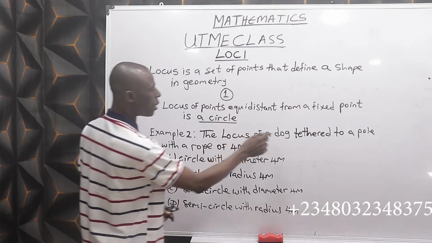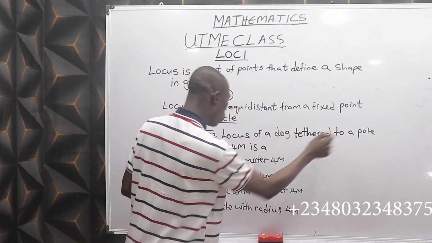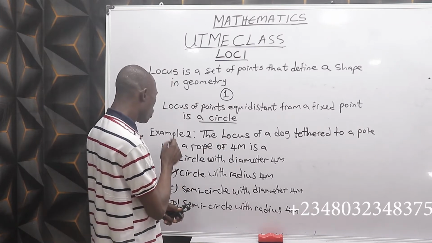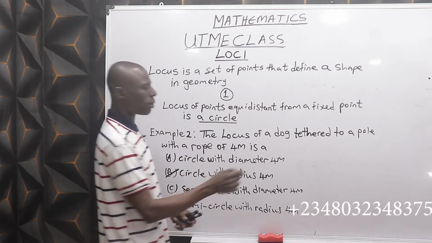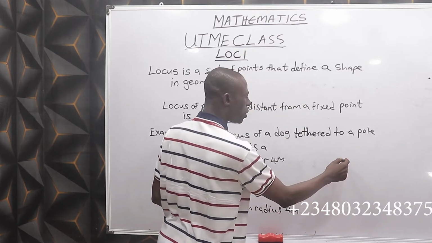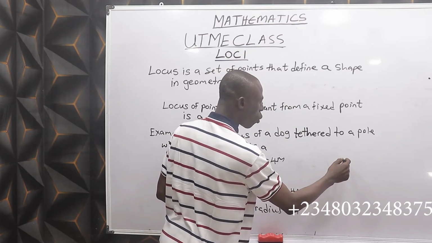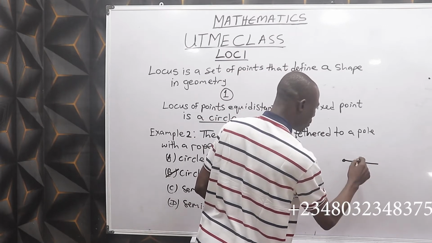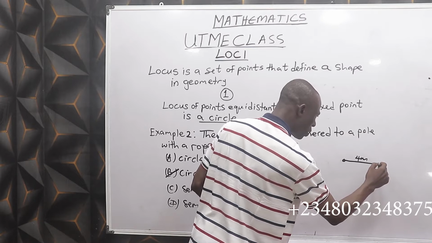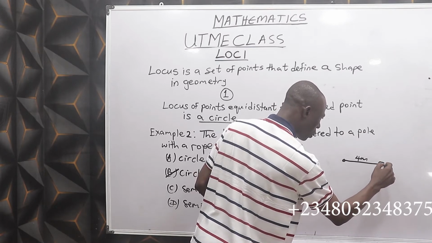The locus of a dog tethered to a pole, just say tied to a pole with a rope of 4 meters. Let's say this is the pole. This is where the pole is. And the rope is 4 meters. That means this is the neck of the dog.